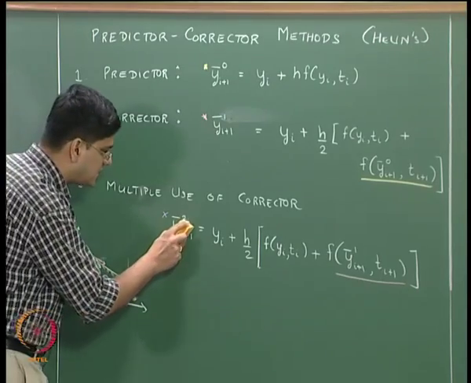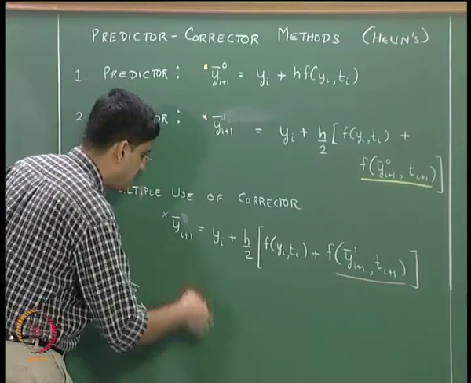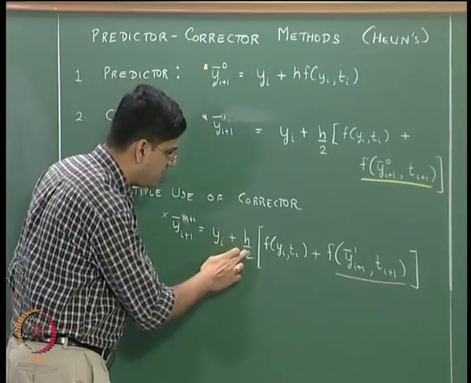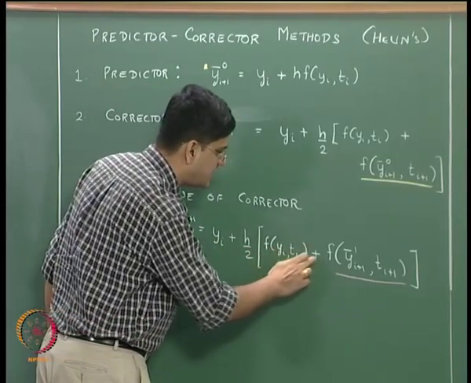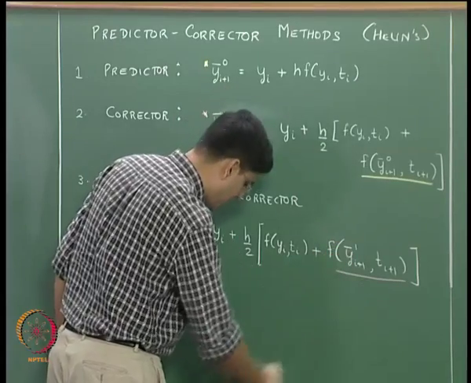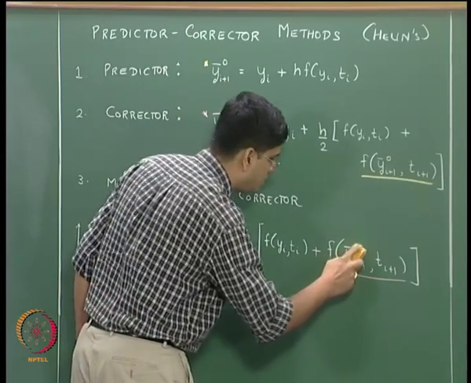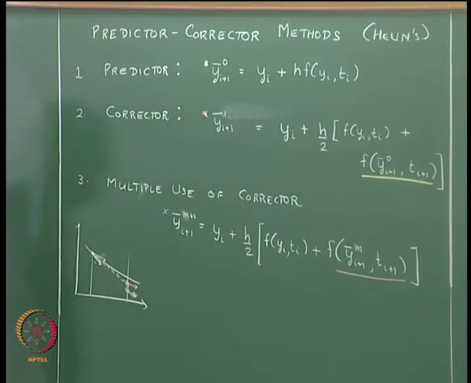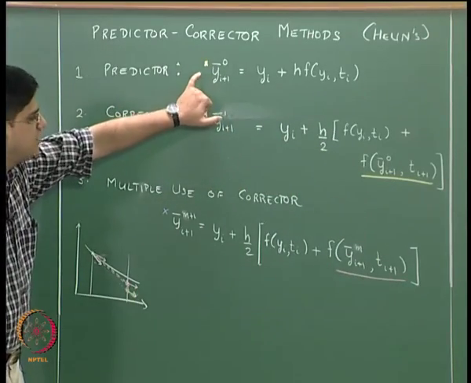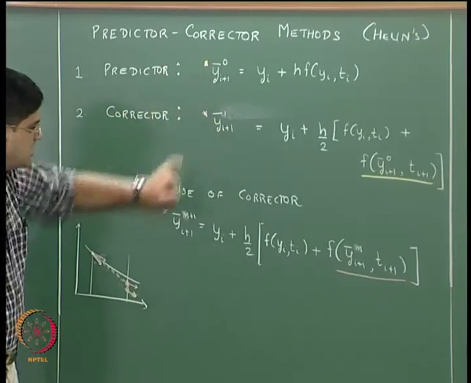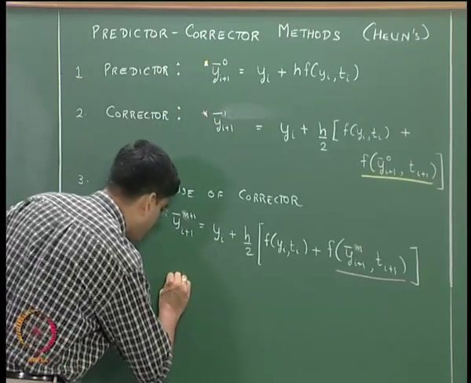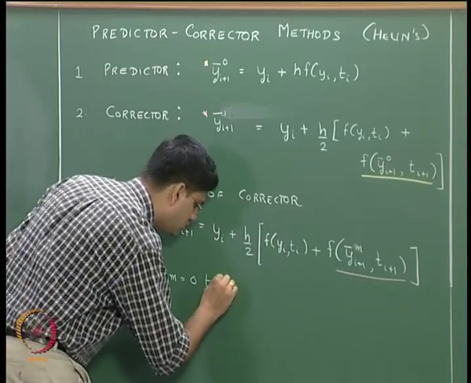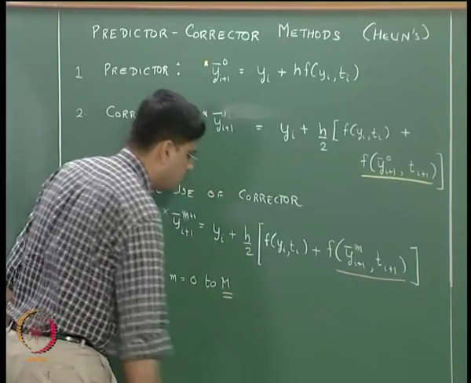So we will replace this with y bar m plus 1 equal to yi plus h by 2 f of yi, ti plus f of y bar m instead of 1 comma ti, where y0 is obtained from this particular equation, and this equation is used for m equal to 0 to some capital M, okay.